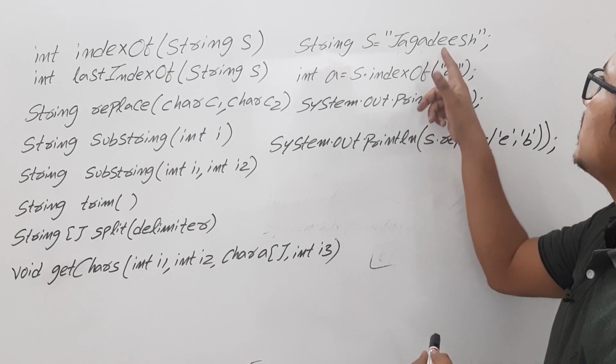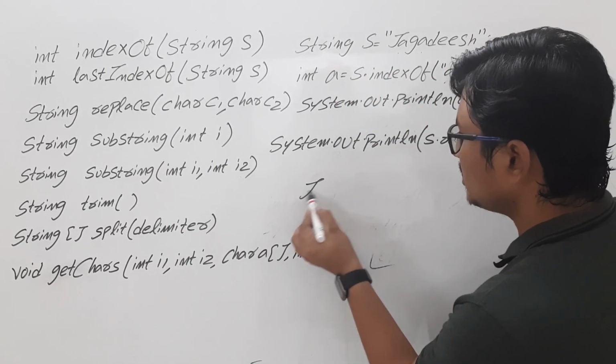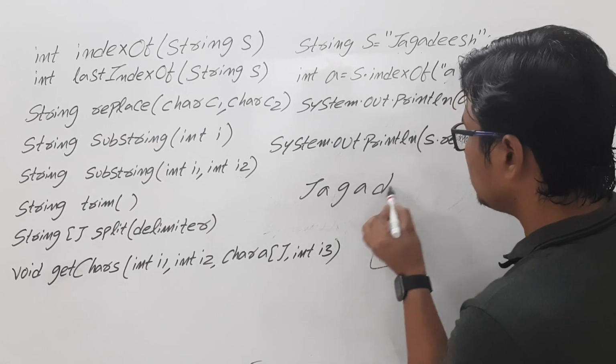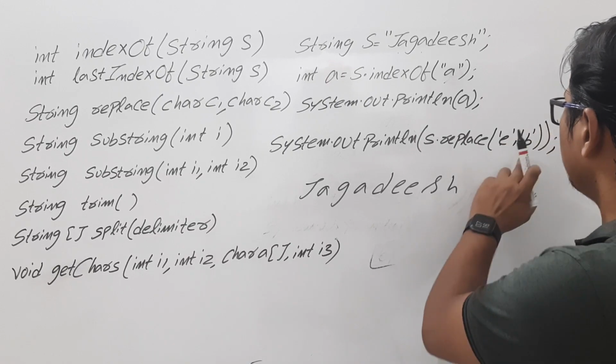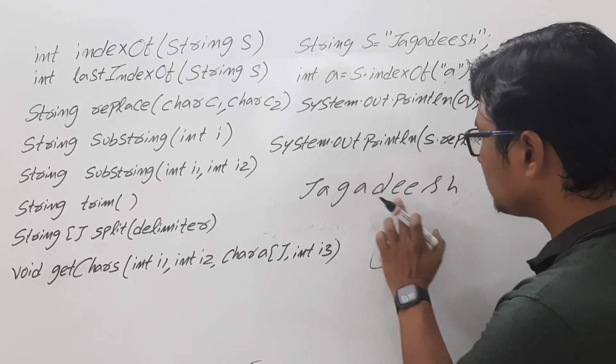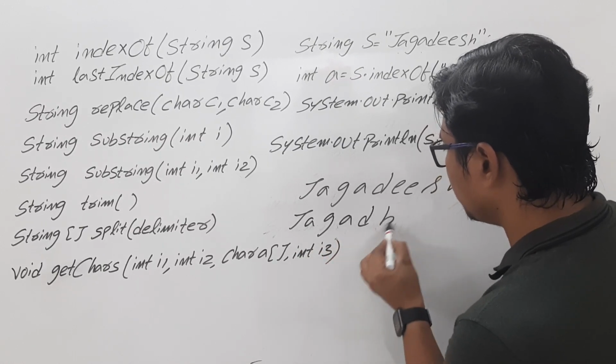Wherever e is there in the string s, Jagadish, in place of character e, you replace with the character b. So wherever e is there, it will keep the character b.